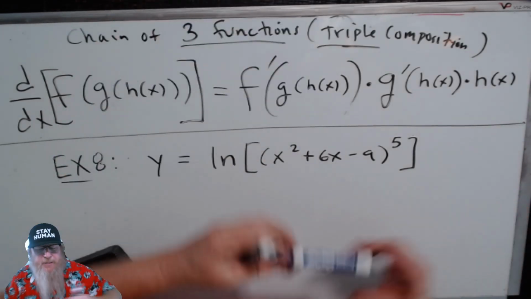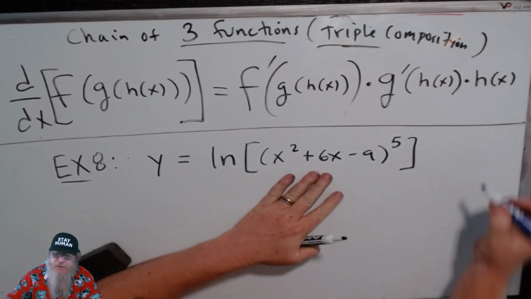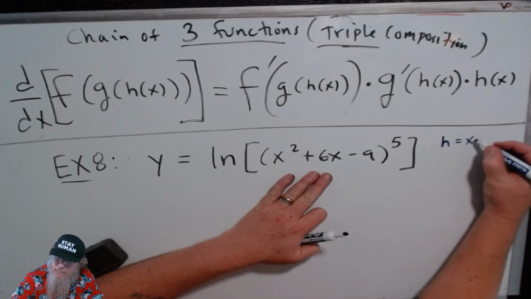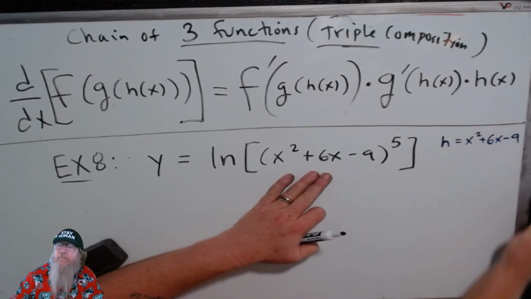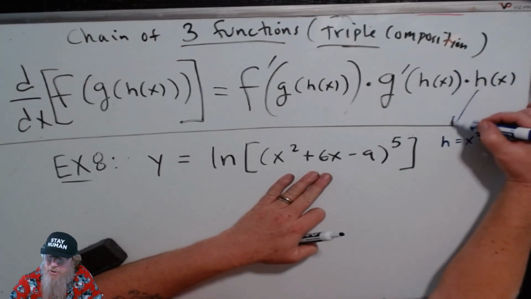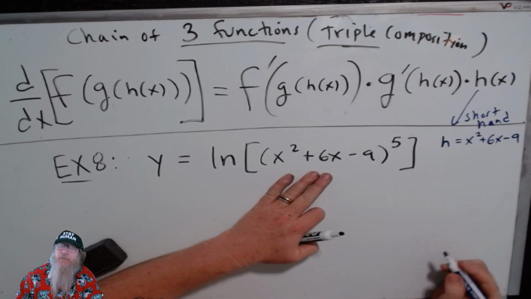So again, this is the first time I've done a triple, so I'm just going to identify h is the innermost function. That's h. I'm using shorthand and just saying h. Right.